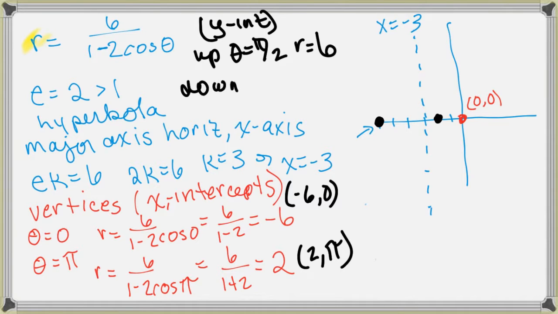And if we look down, theta is 3 pi over 2, in which case cosine is 0 again, and we get that r is 6. It's symmetric. So let's put in 1, 2, 3, 4, 5, 6. That was looking up, walking 6, looking down, walking 6. So now I can put this together and graph a beautiful picture.